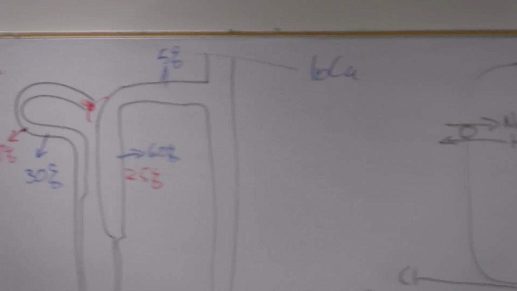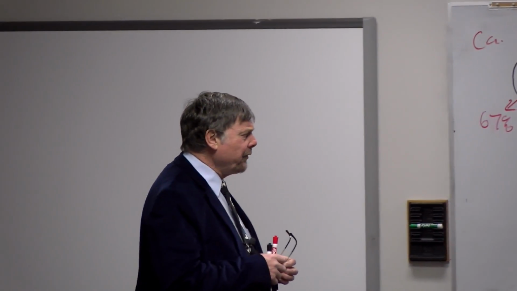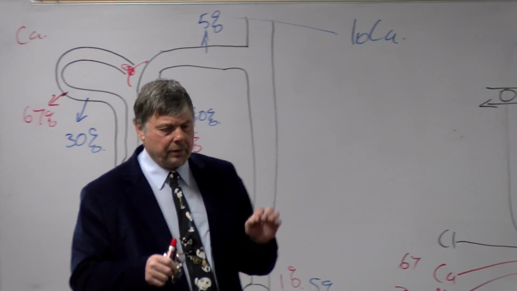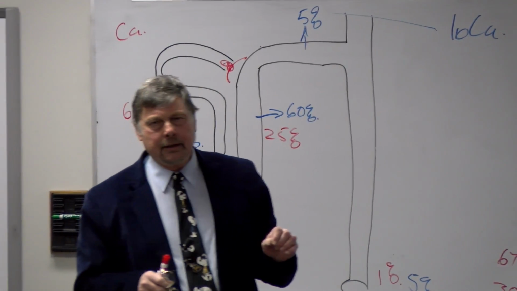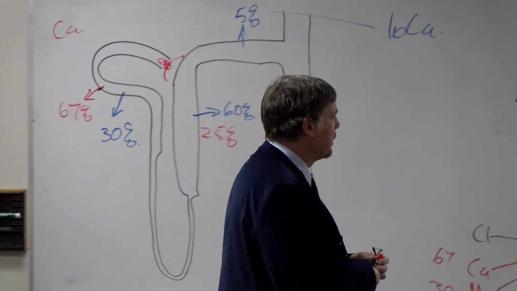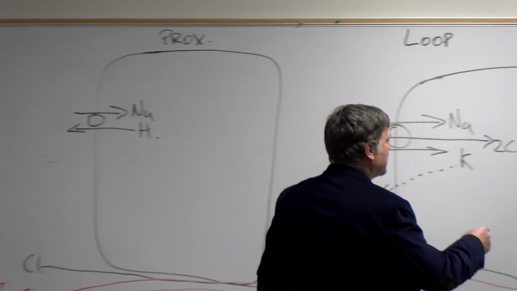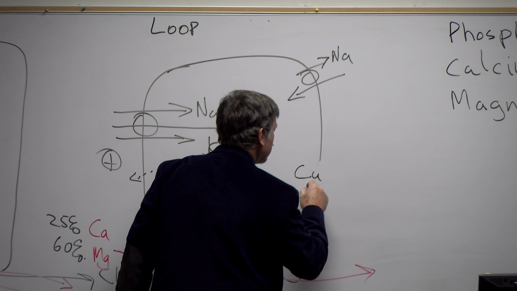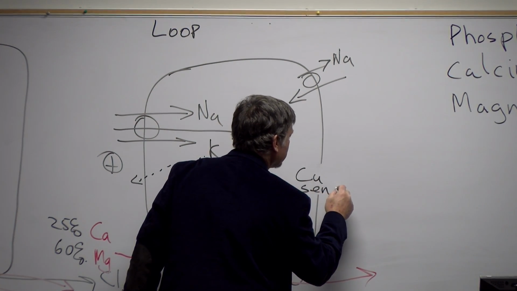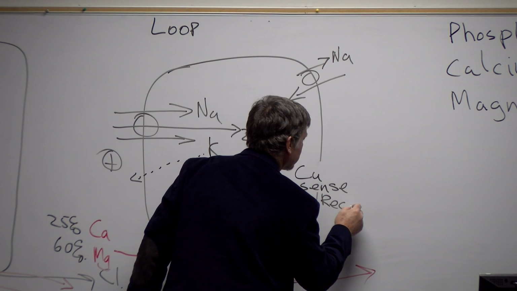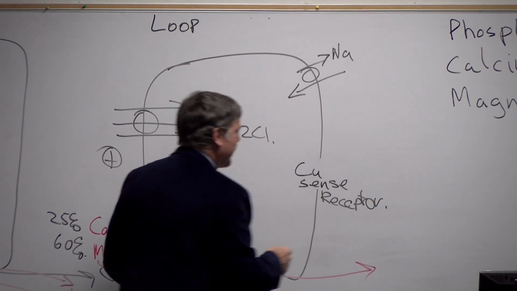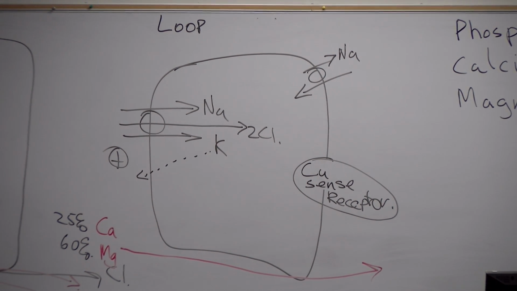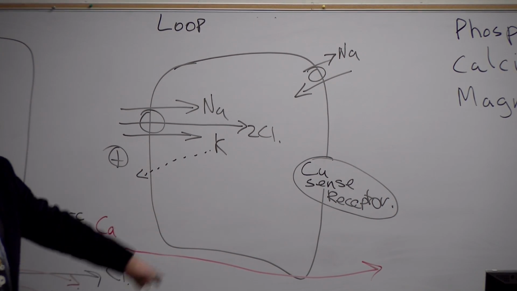Okay. Five years ago, I would have said that nothing's regulated at this point, and I would have told you that both magnesium and calcium are regulated in the distal tubule. However, we do know that here there's a calcium sensing receptor. And it can respond to both calcium and magnesium, and clearly exerts some sort of control over what's going on in this cell.